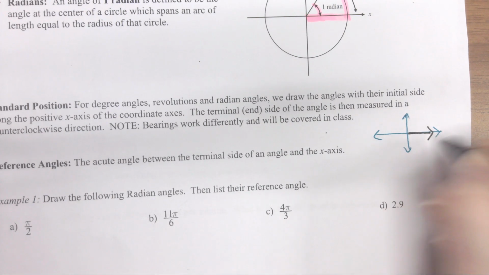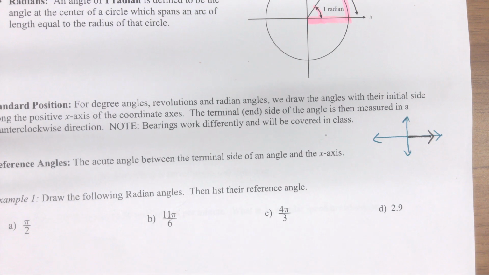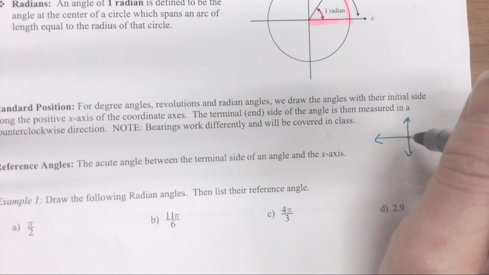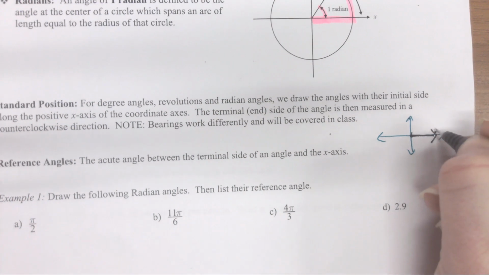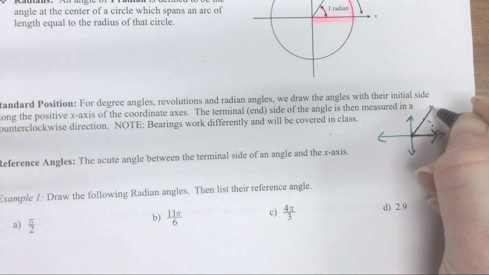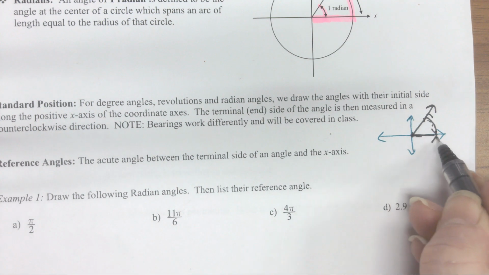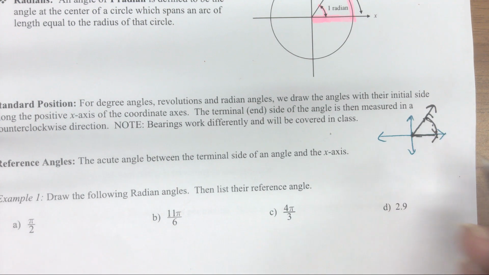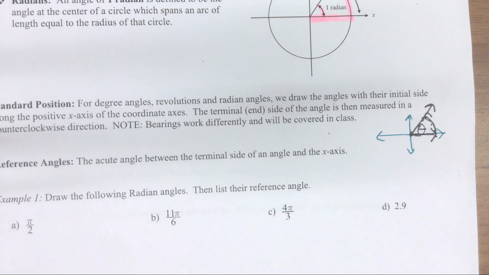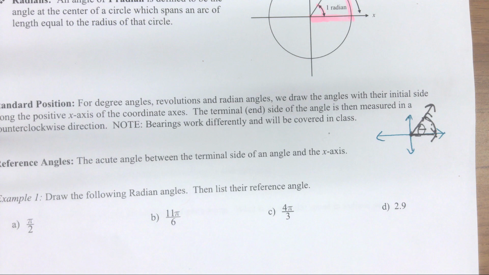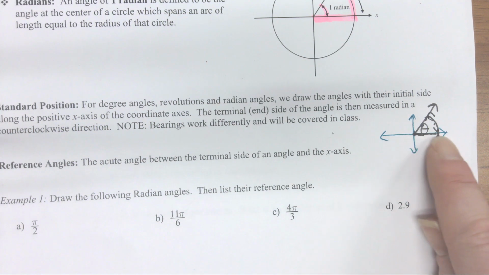That's its one side. Then I take that angle, centered right there, and start rotating it up. Okay, and then I stop it right there. I started here, stopped there. This would be its initial side, this would be its terminal side, and it forms this angle, which I call theta. So in standard position, we're going to assume that we start right here for all of our angles.